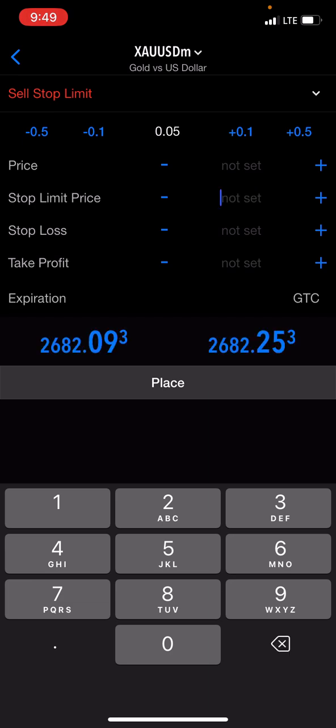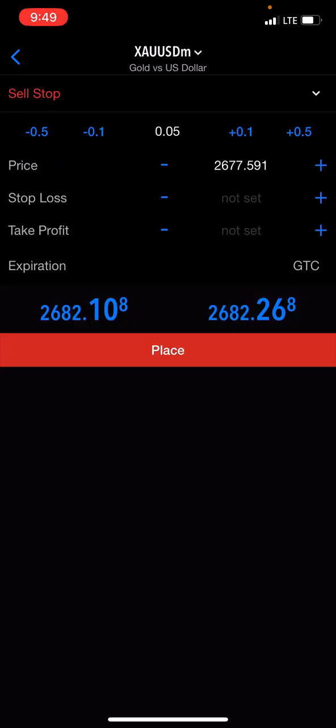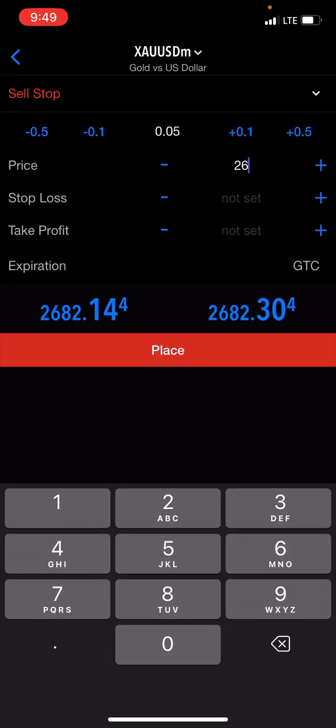Sorry, it should be sell stop. Okay, the price should be 2670.0. So when the price gets here, it will execute another sell order automatically for me, and I can place it. Let me say my TP for this should be 2659.37, and you just place it.